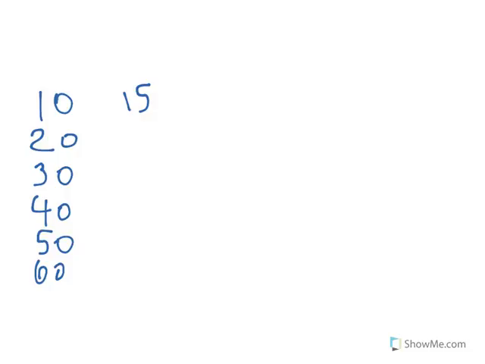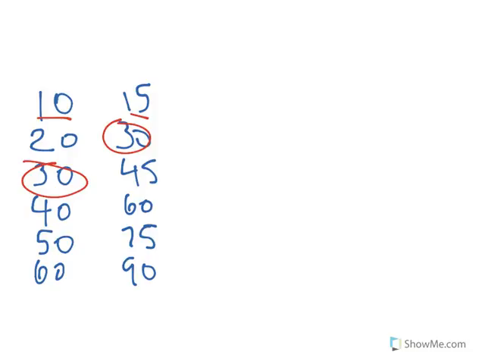And then in this column, do the same thing, except you're adding 15s. What you'll notice is the smallest number that both 10 and 15 go into is going to be 30. So the LCM, or least common multiple, is equal to 30.